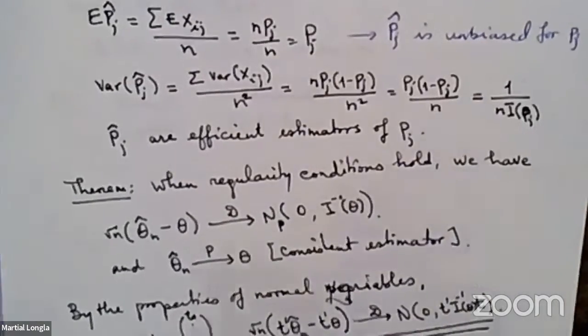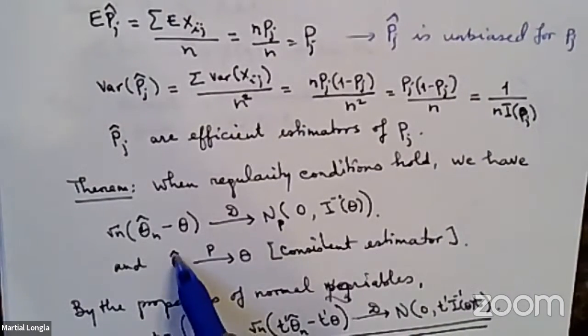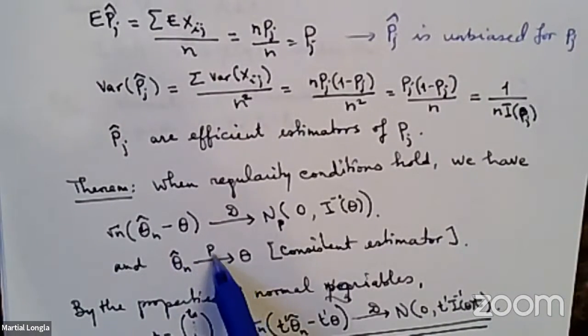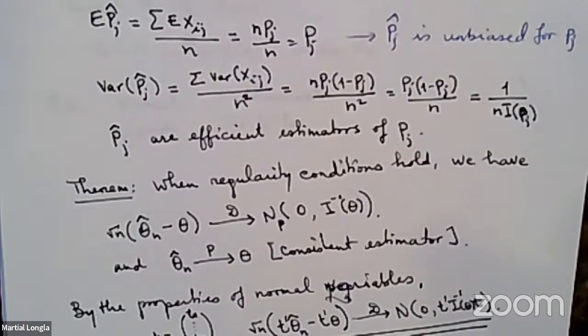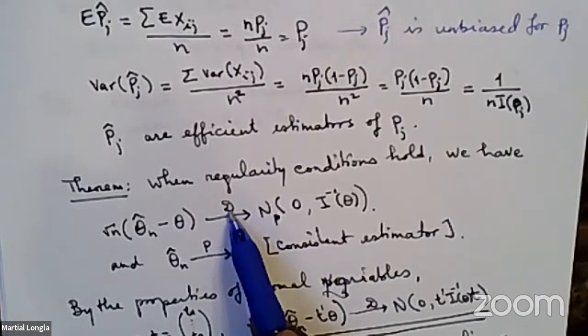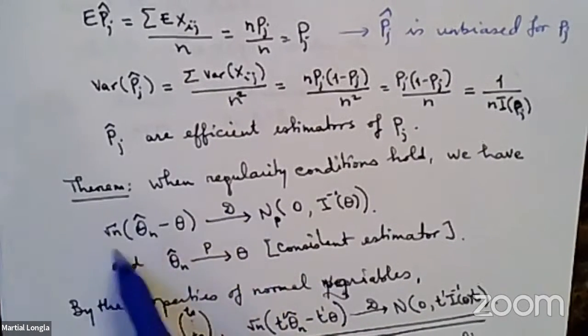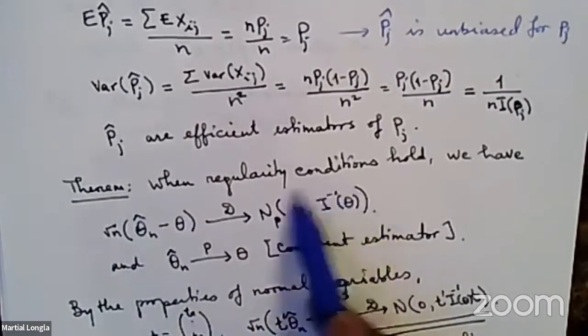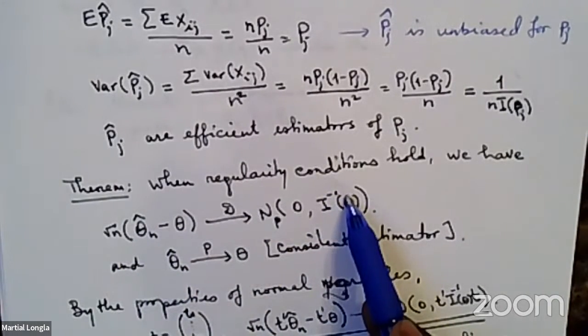And same as for the univariate case, the vector theta hat converges in probability to theta. So it is consistent. The P here from 575 means convergence in probability. The D means convergence in distribution, which means that the distribution of this thing converges to the distribution of that.